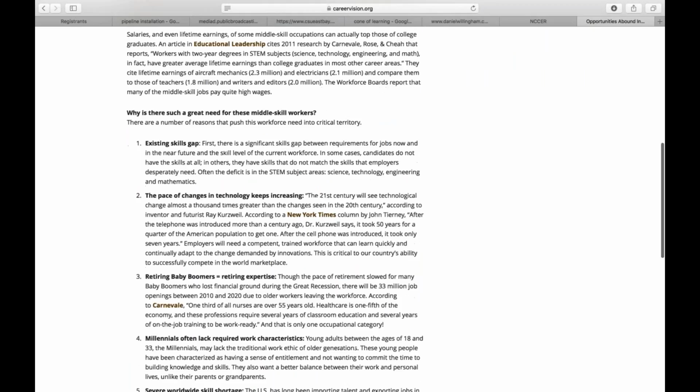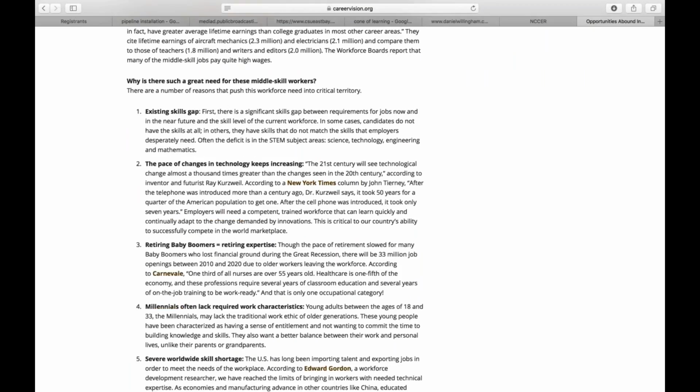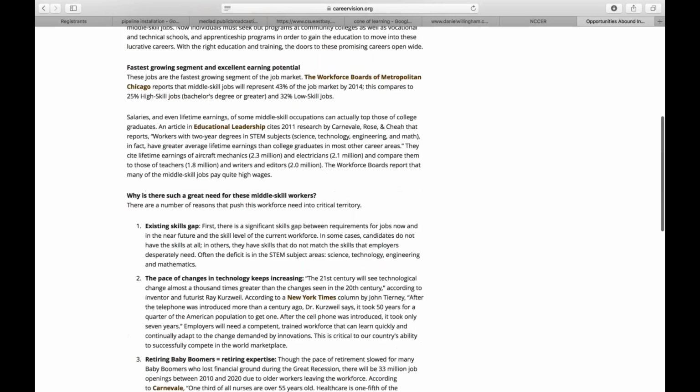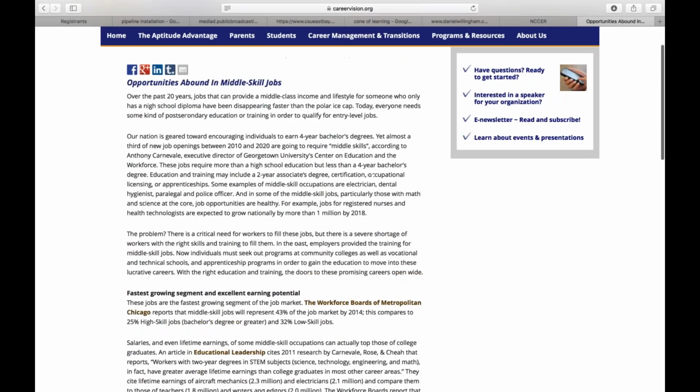The pace of change in technology that we have to keep up with, the increasing changes in technology. Retiring baby boomers, so many older people in the workplace. So we're going to have age gaps with middle to lower supervision. And we're also going to have skill gaps because technology is growing so fast, right? Work experience or OJT, on-the-job training, is not sufficient.